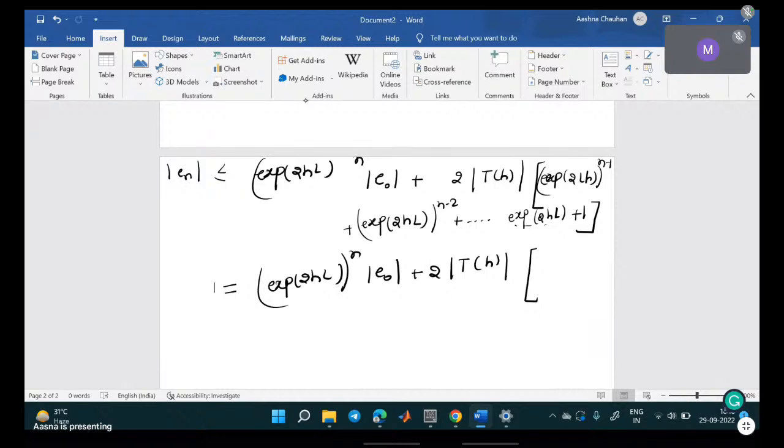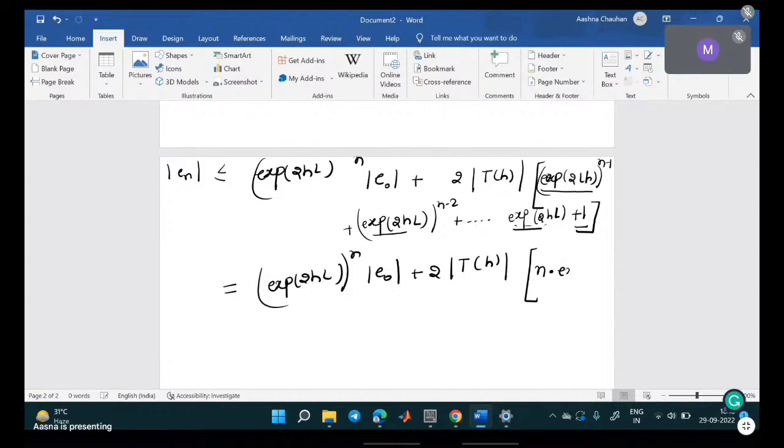So as n is increasing, this value is also increasing, because in the graph of the exponential, as the value of x increases, e to the power x also keeps increasing. So if I'm replacing every term by this particular exponential of 2hl raised to power n minus 1, then how many terms are here? N starts with 1 to n minus 1, so there are n terms.